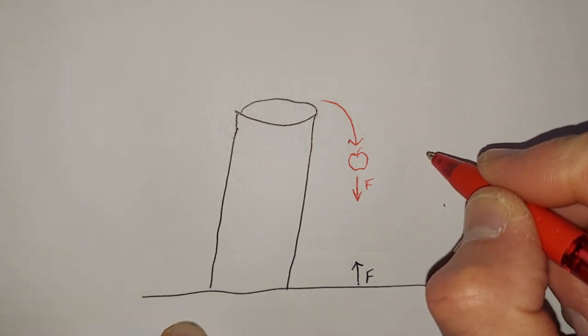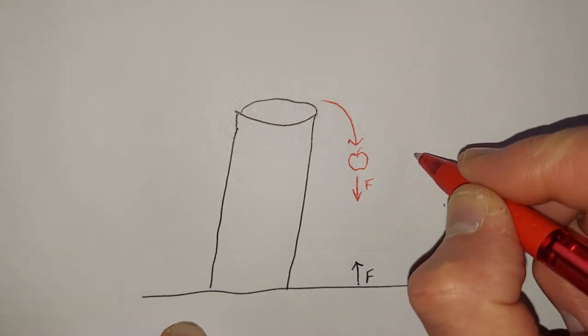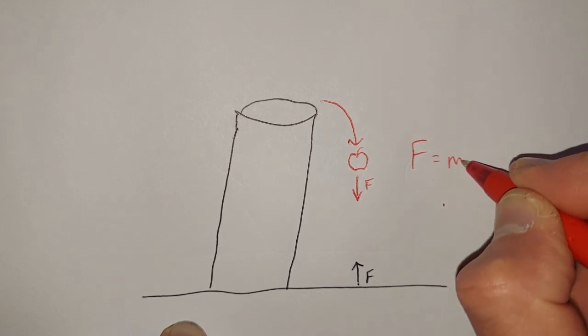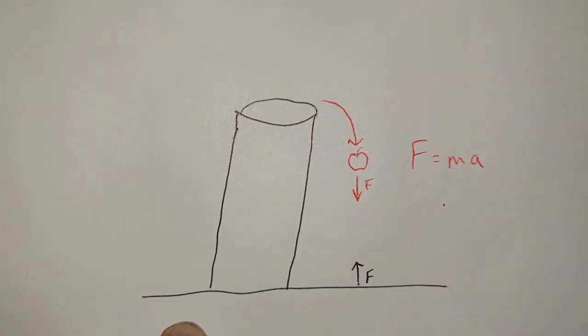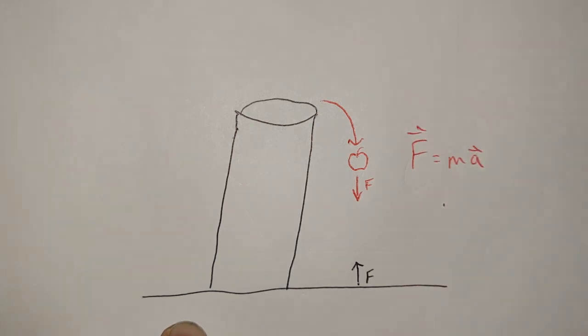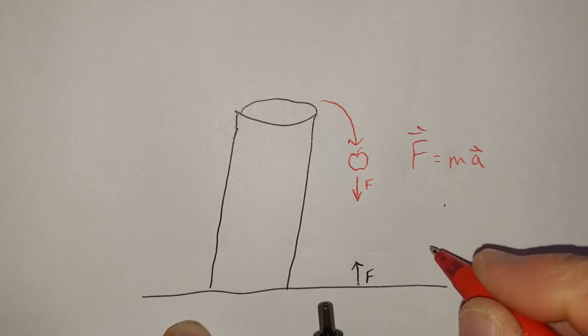Now, according to Newton's second law, force is equal to mass times acceleration. So we could measure the mass and acceleration of the apple, and then we would know the force that the apple is exerting on the earth, and they would be equal, but opposite.